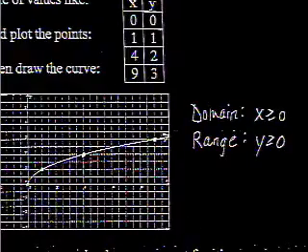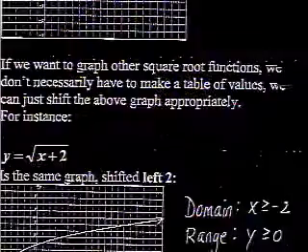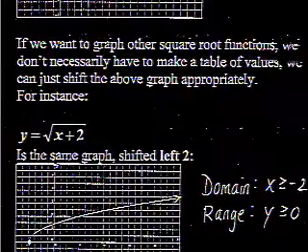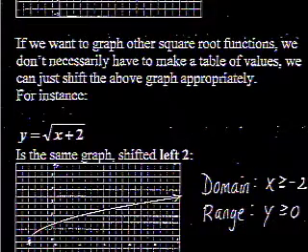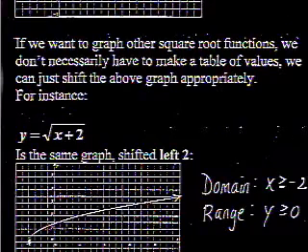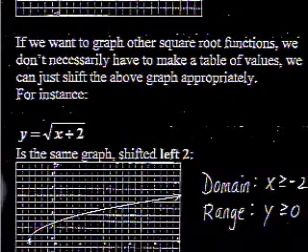We don't necessarily have to make tables, so don't think that you always have to make a table of values. That is something that you can do, but a lot of times what I'm really looking for is that you have the correct starting point, and you know whether it's the top half or maybe the bottom half of a sideways parabola.